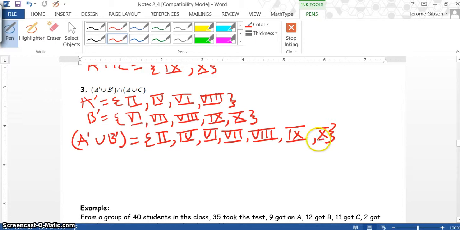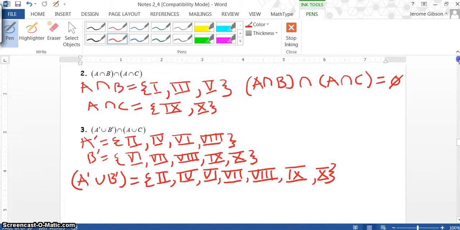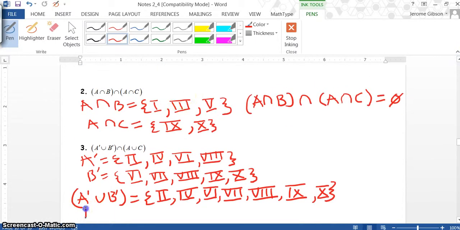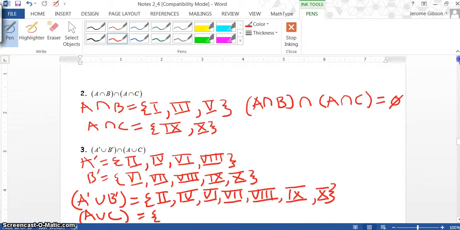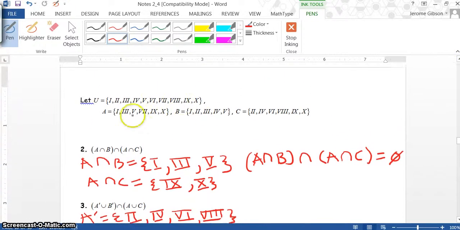Now what we have to concentrate on now is A union C. But first let me write A union C. So we can take a look at the values for A and C. For A and C, it looks like we have 1, 2, 3, 4, 5, 6, 7, 8, 9, 10.